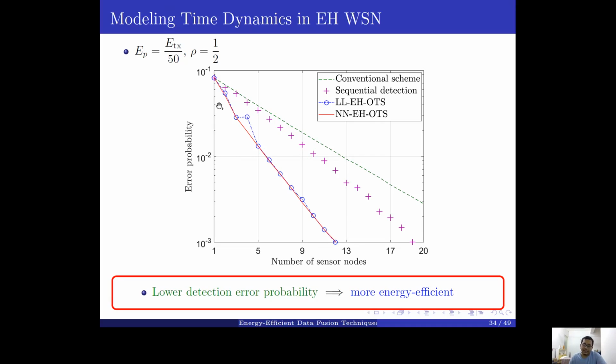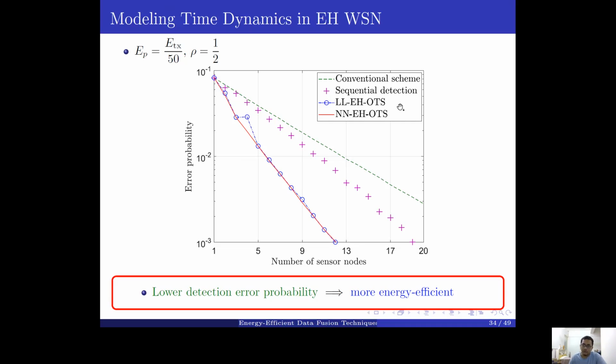Here, we plot error probability as a function of the number of sensor nodes for the conventional scheme in which all nodes attempt to transmit, and the sequential detection scheme in which the nodes transmit in a random order, and every time the fusion node receives a measurement or an LLR, it makes a decision. The decision thresholds are determined by the target false alarm and misdetection probabilities.